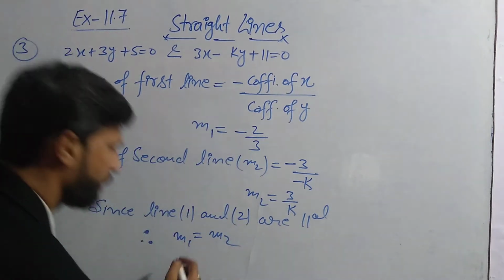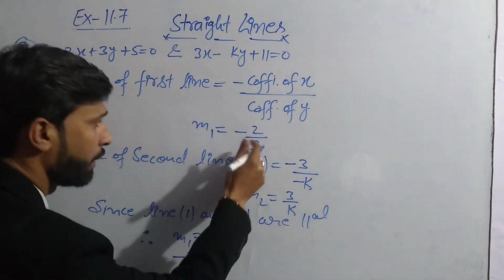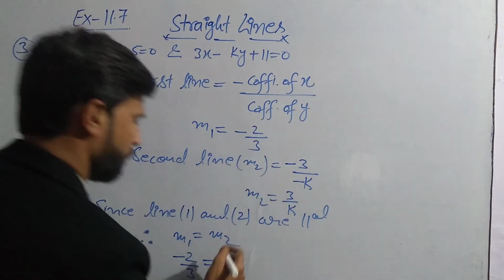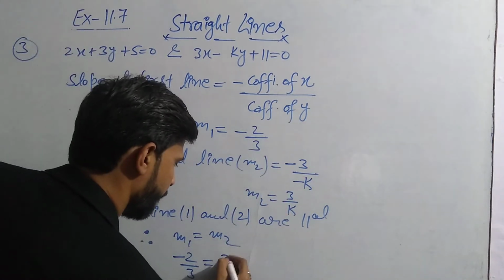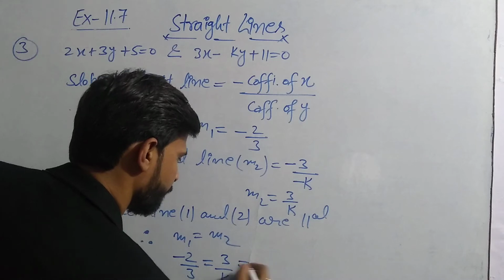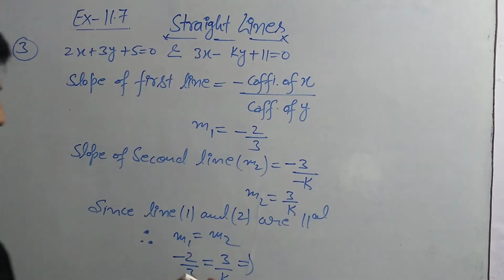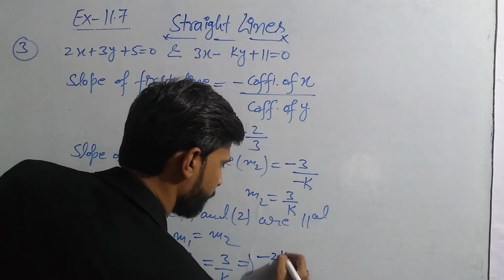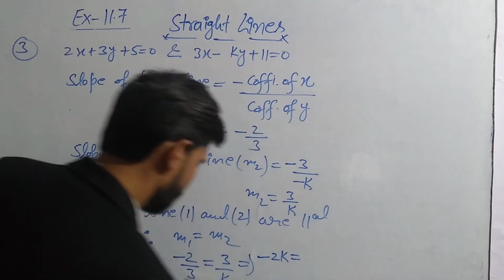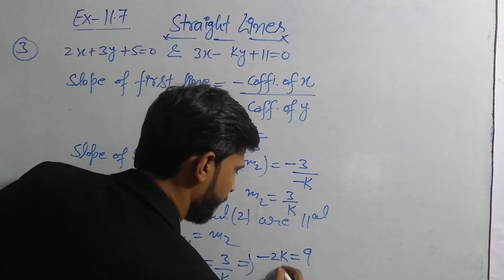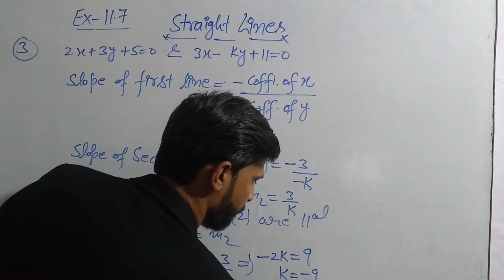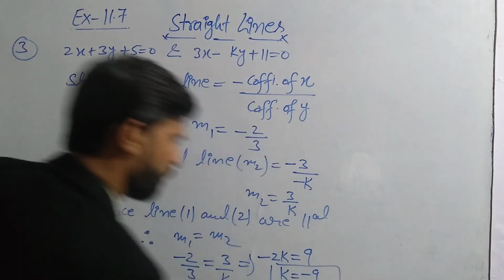Now value of m1 is minus 2 by 3 is equals to 3 by k. After solving we get minus 2k is equals to 3 3s are 9, k is equals to minus 9 by 2.